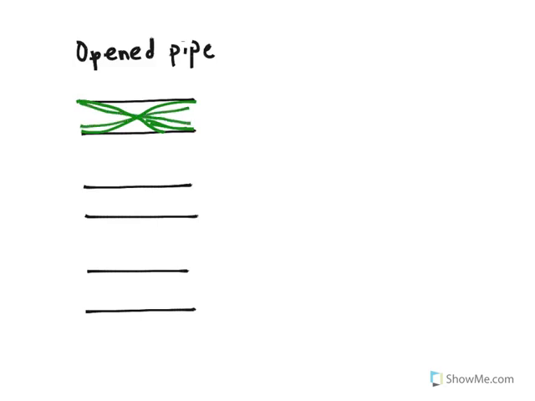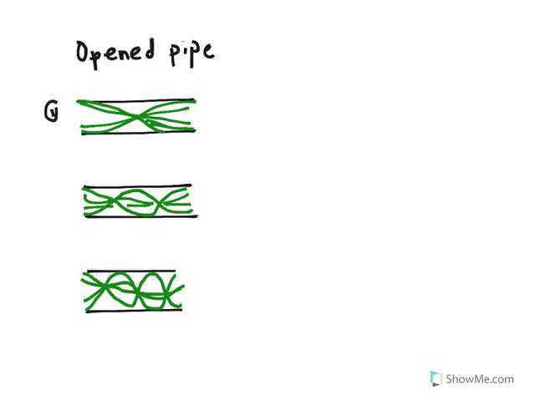In the second situation, we will have two nodes, and in the third situation, we will have three nodes, and so on and so forth. This is the first mode, the second mode, the third mode.